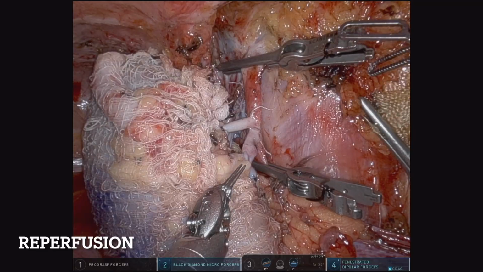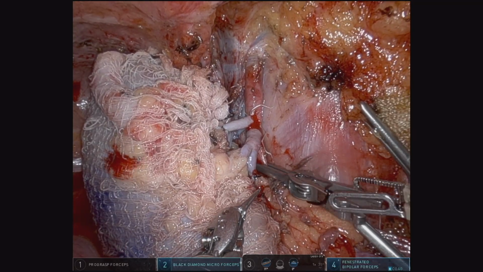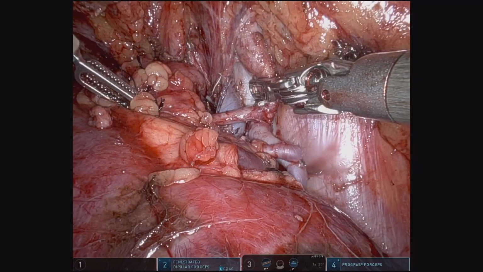Anastomosis is complete. Renal vein clamp is removed, followed by the arterial clamps and restoring perfusion.